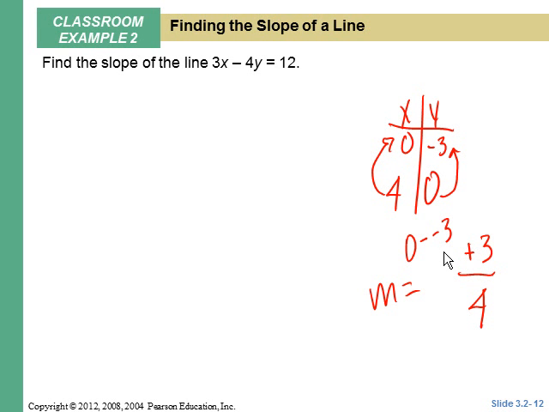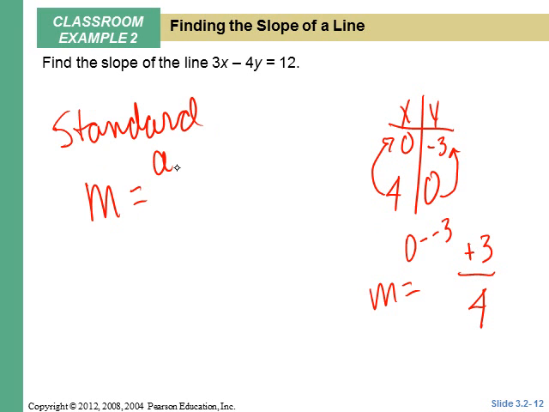The reason why I knew I was wrong is that the other way that you can get the slope, if the equation is in the standard form, the slope is the x coefficient, which we call letter A, over the y coefficient, which we call letter B, and then change the sign.